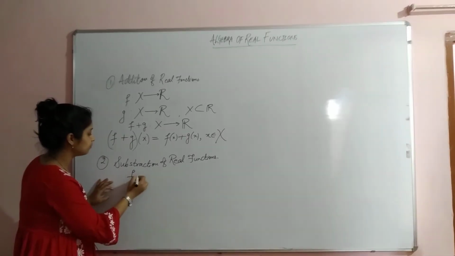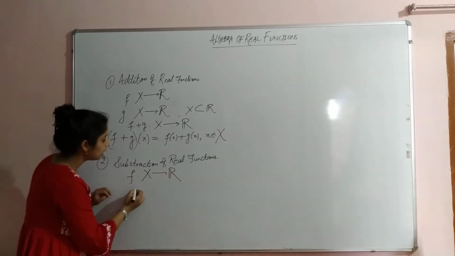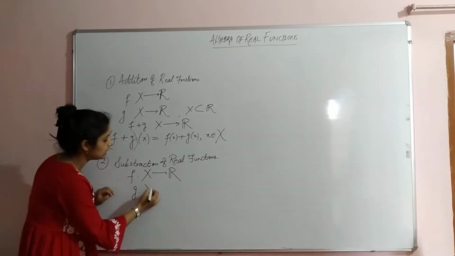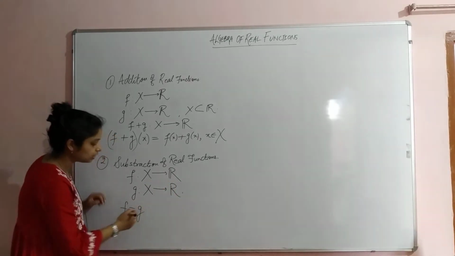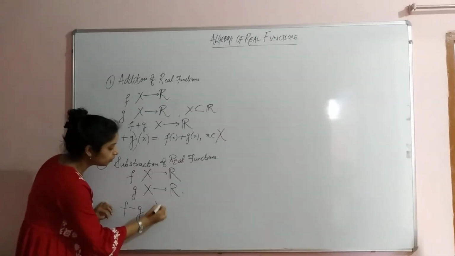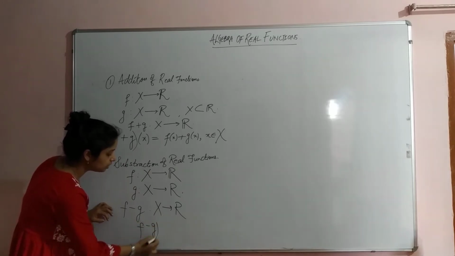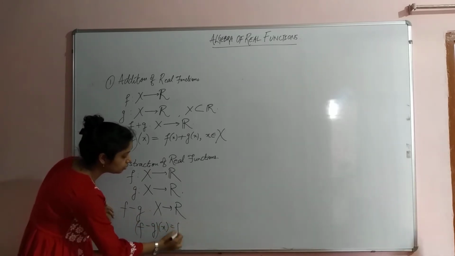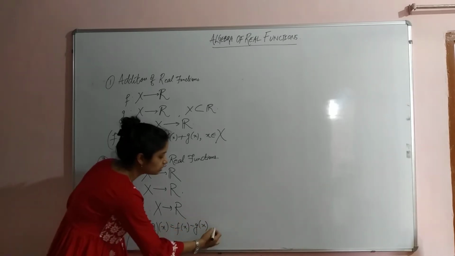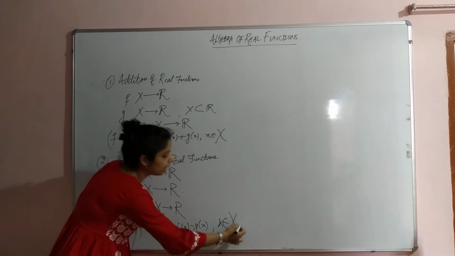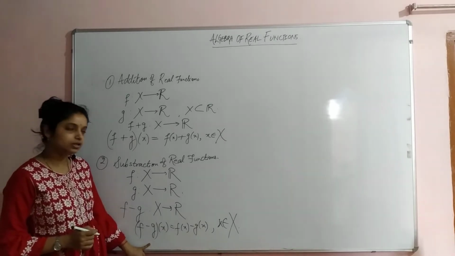Let us suppose we have a real function f from a set X to R, and another real function g from a set X to R. Then the difference of these two real functions, f minus g, is again from the set X to R, and it is defined as (f minus g)(x) equals f(x) minus g(x), where x belongs to the set X. This is the definition of the difference of two real functions.